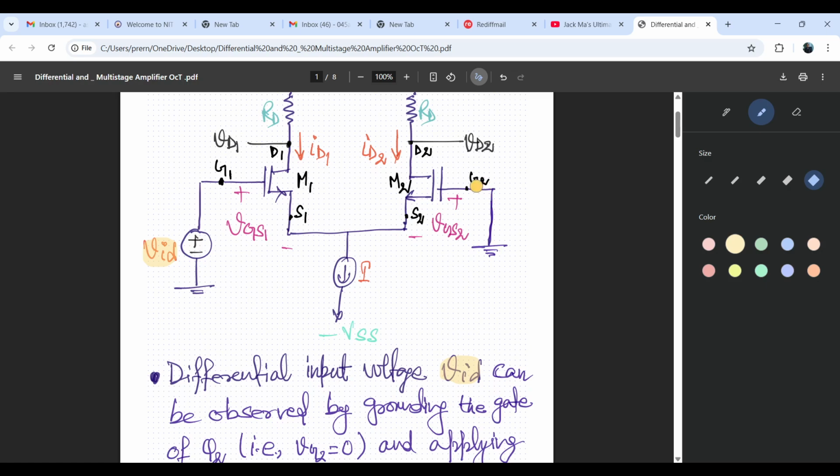We are grounding the gate terminal G2 of Q2, so VG2 is simply 0. VG2 is 0, which we have already written here.